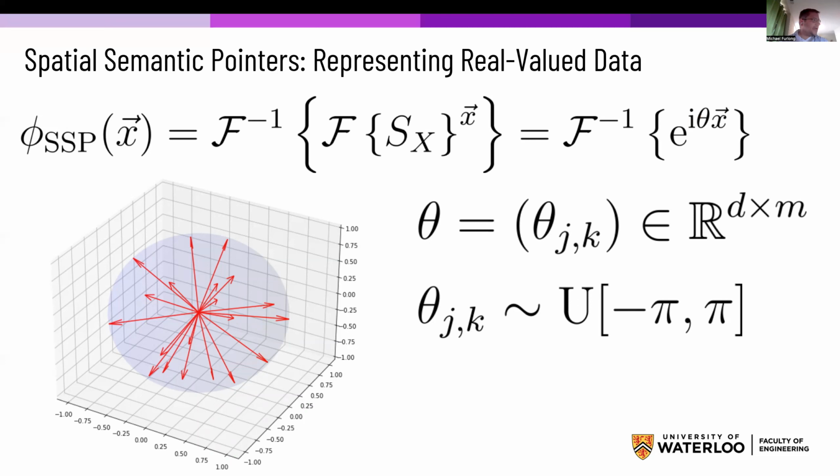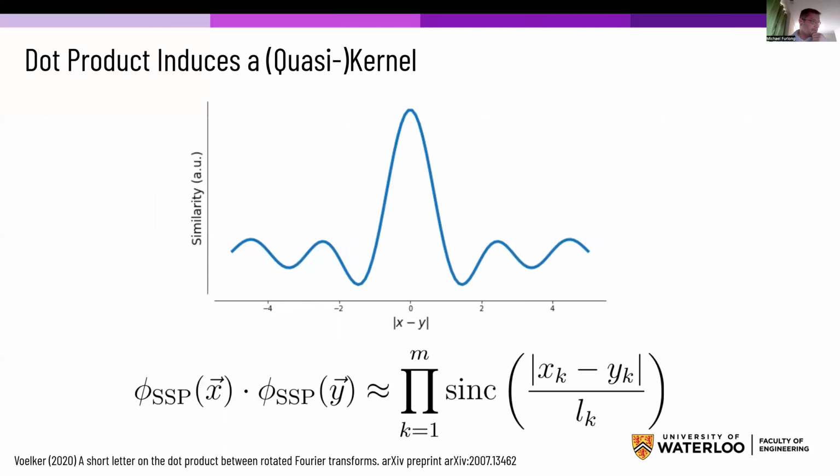But then something else interesting happens when we take this data and we've encoded it using this particular representation: when we take the dot product, we get a kernel-like object, or I should say a quasi-kernel. And in this case, as proved by Aaron Voelker, if we have two vectors x and y, the similarity metric between these two vectors, if it was one-dimensional, is just the sinc of the distance between the elements, and of course, if it's n-dimensional, it's the product of the sincs, which is the sine of x over x.